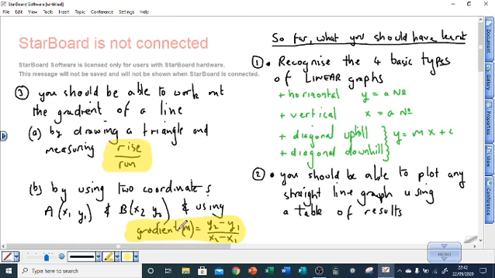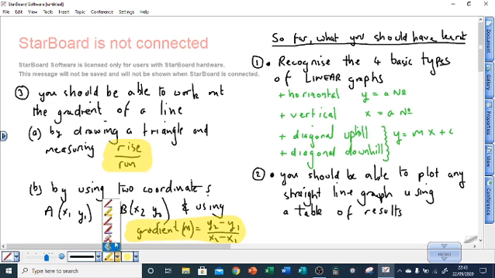How you work out the gradient is, it is always the rise, your vertical measure: the y value of the second coordinate, take away the y value of the first, divided by the x value of the second coordinate, taken away from the x value of the first. It is simple to use, but you need to memorize this format. And that's what we're going to look at today.